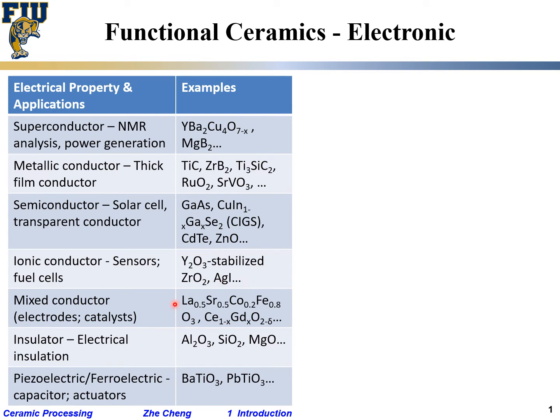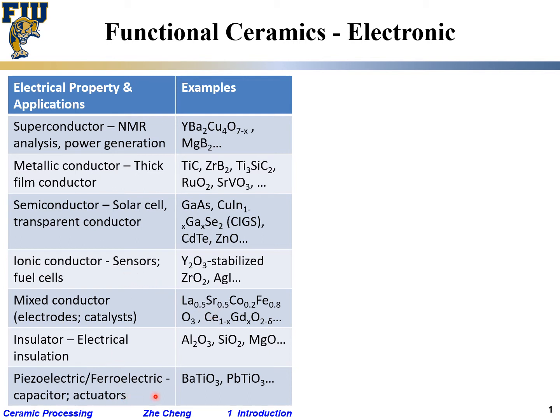Silver iodide, is this metal or ceramic? Ceramic, because other than silver, which is a metallic element, it contains iodine, which is a non-metal. You see how we define ceramics. Make sense? And some of them are mixed conductors, which means they conduct both electrons significantly and also ions.